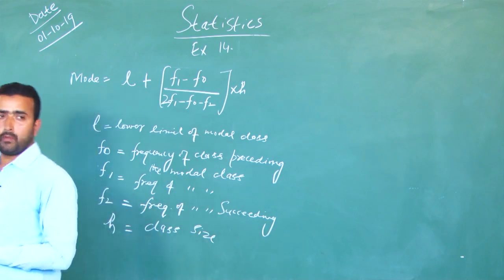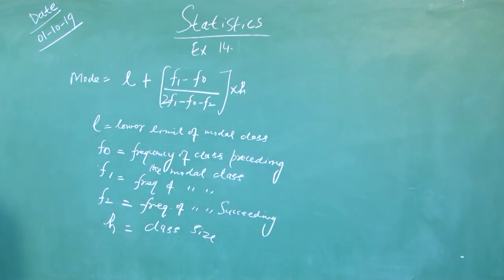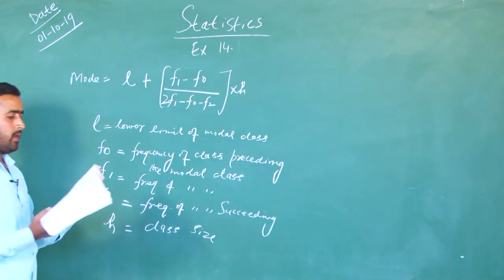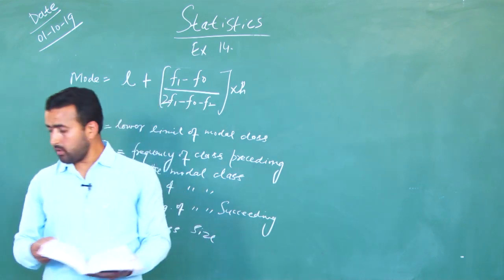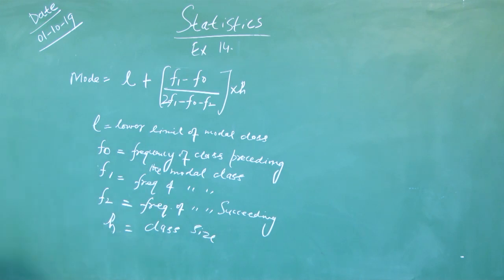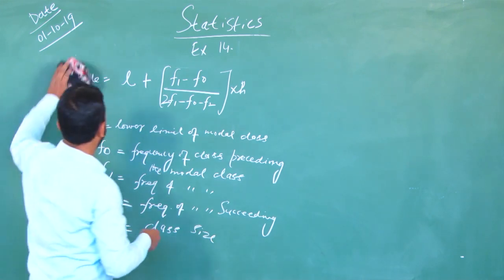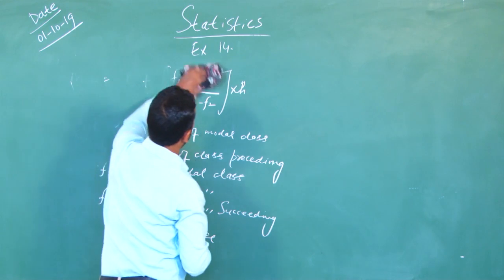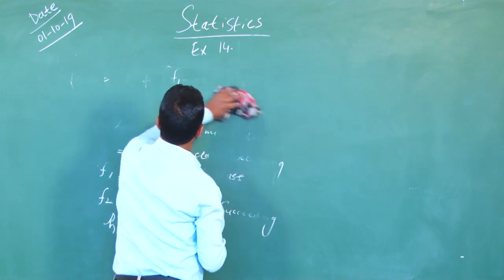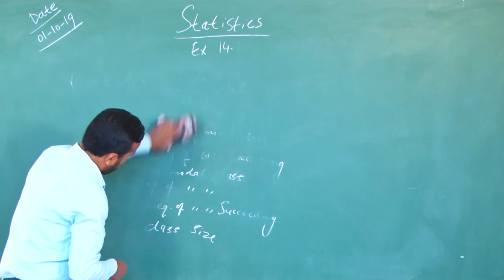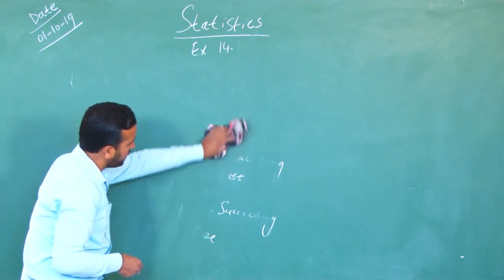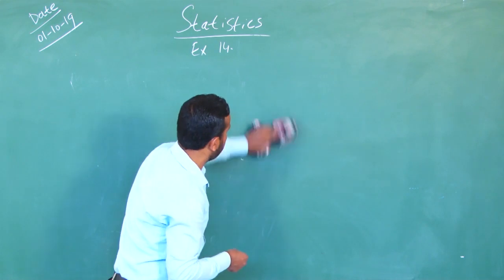Now let us take one numerical example to understand how to calculate the mode of the given data. Let us take one example from our textbook. By taking the numerical example, all the concepts will be clear.